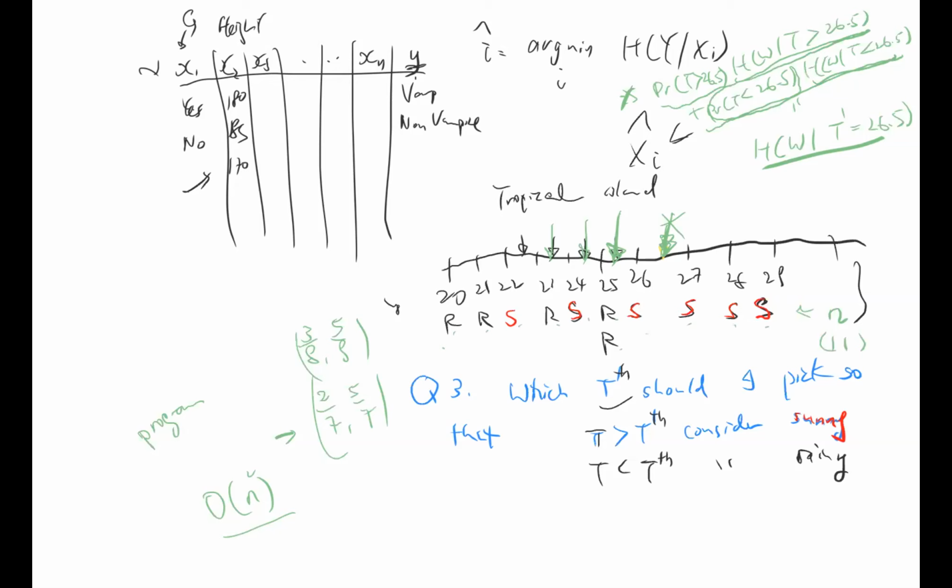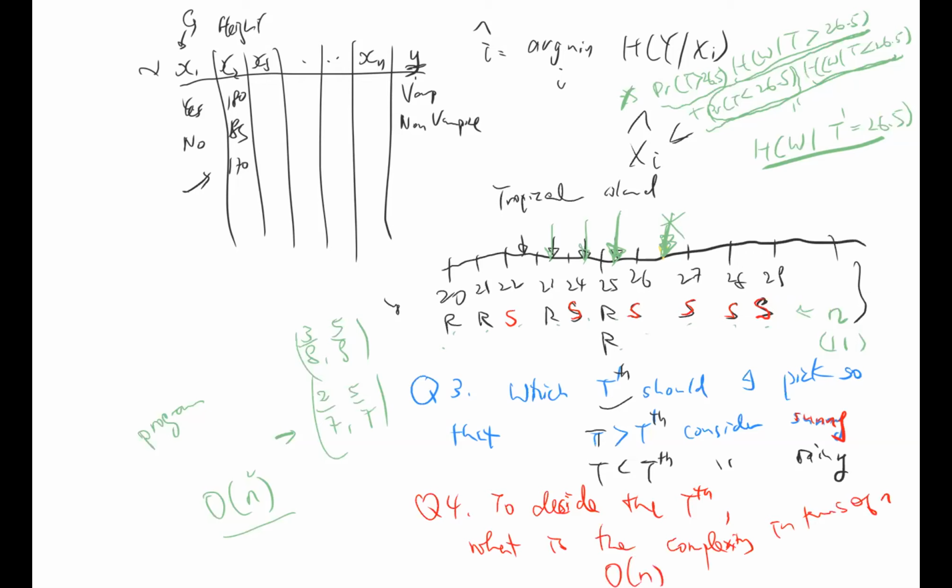For me to design the threshold th, what is the complexity in terms of n, in terms of the number of data points? Maybe I can give you some options here. A, O(n), B, O(n squared), and C, maybe O(n cubed) here.